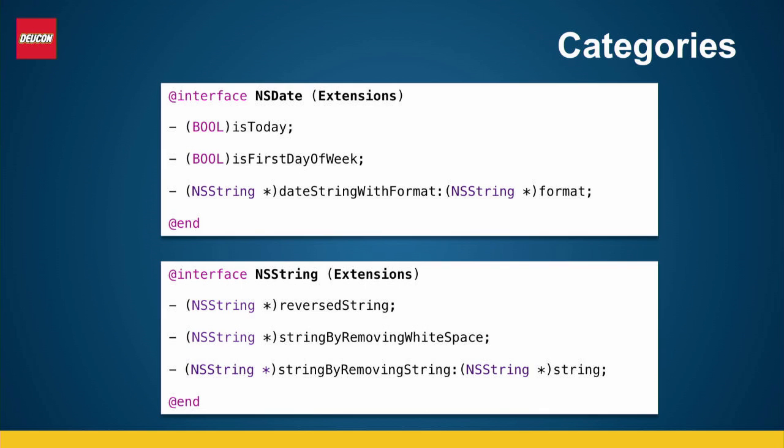So, for example, here, we can offer some helpers on the NSDate and NSString classes by adding these methods. Now, this extends the core functionality of those objects, but categories are more powerful than that. We can use categories to extend the behavior of some object to show what it can do in the context of another object.